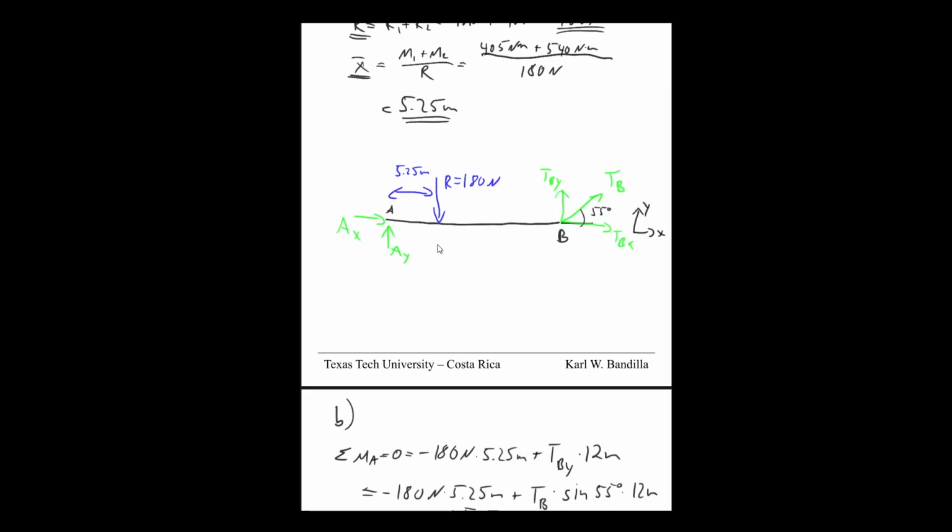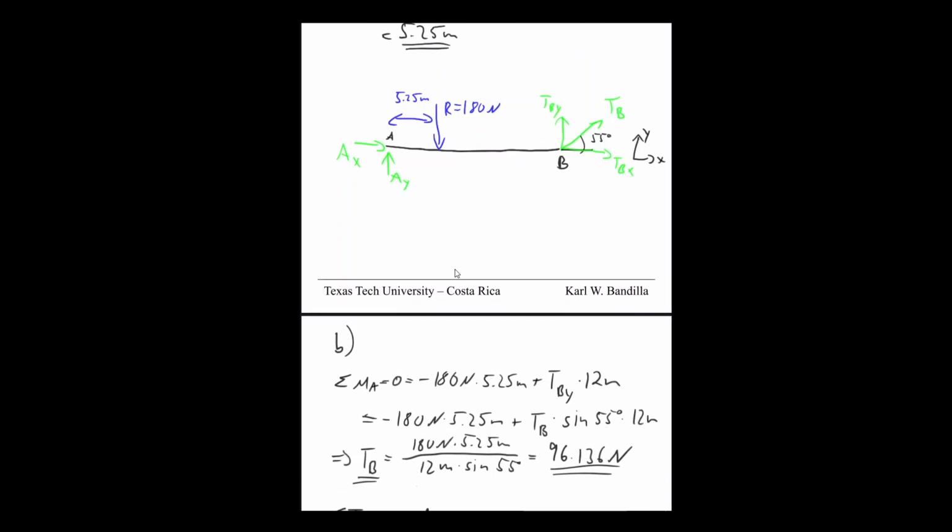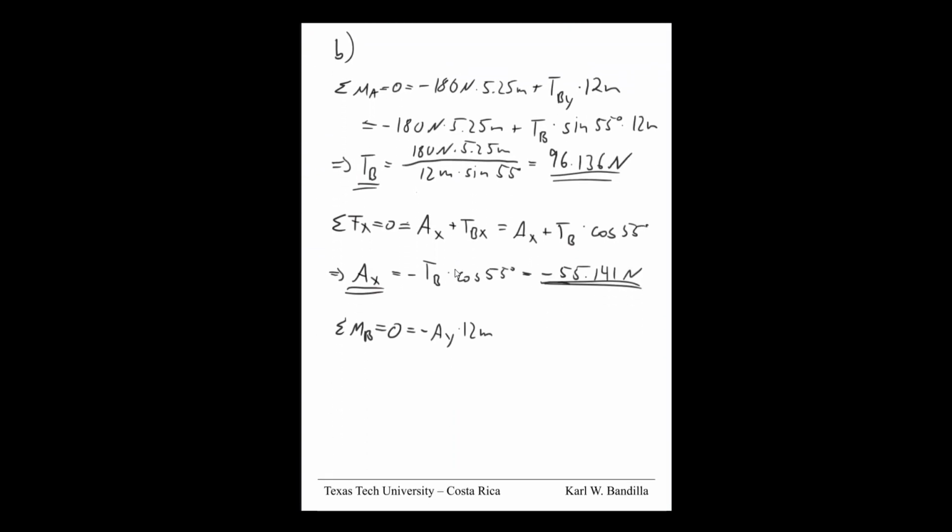And that is 180 Newton, and then 12 minus 5.25, that's 6.75. So we get plus 180 Newton times 6.75 meters. All right, so we can, of course, solve that for AY.